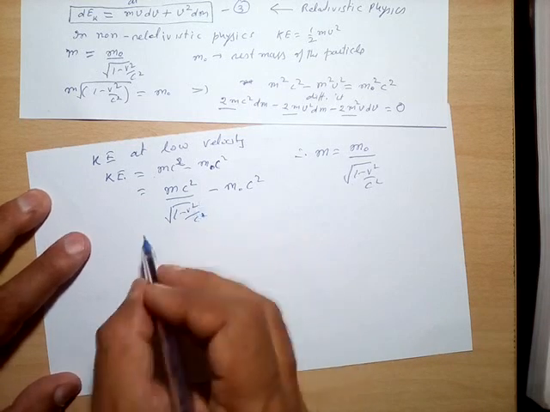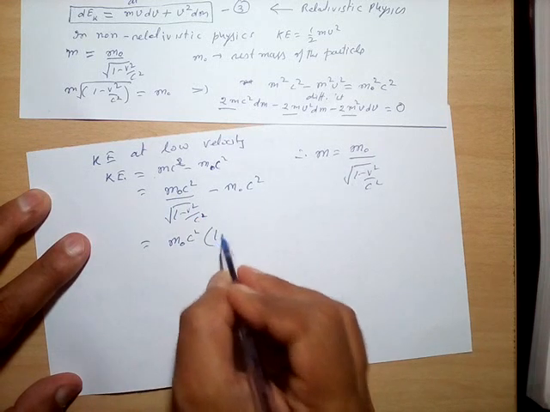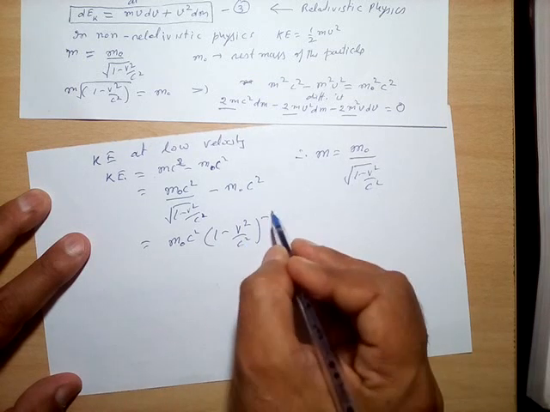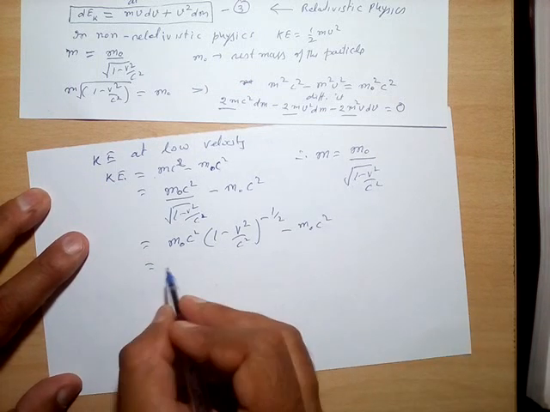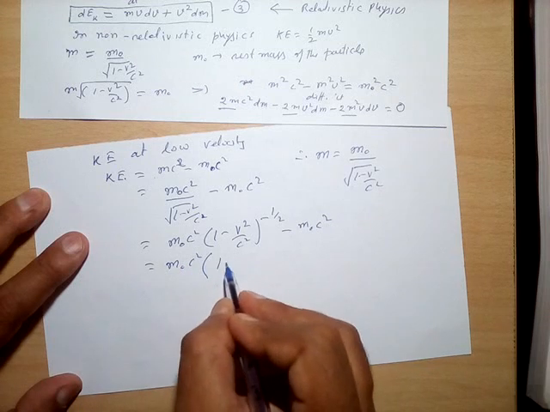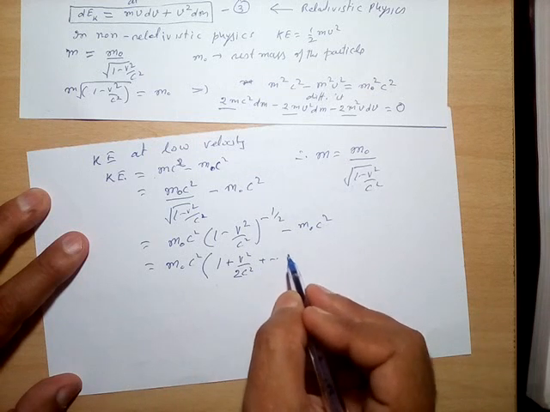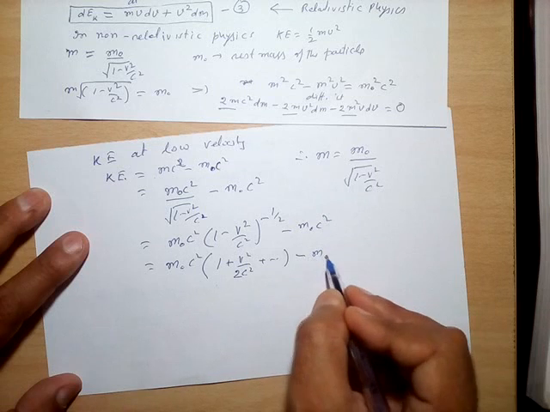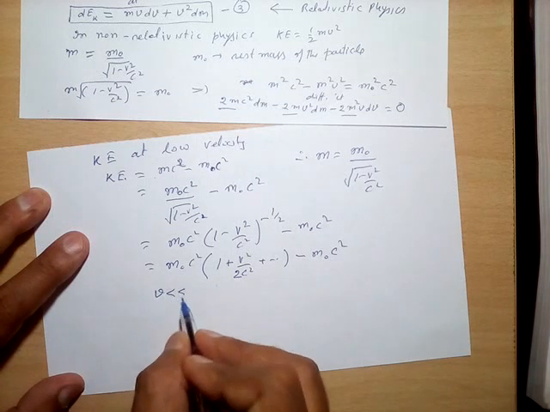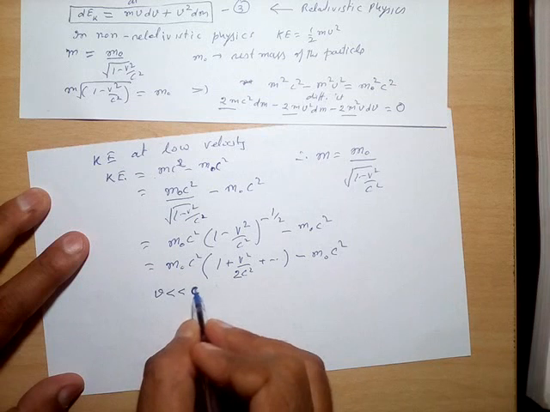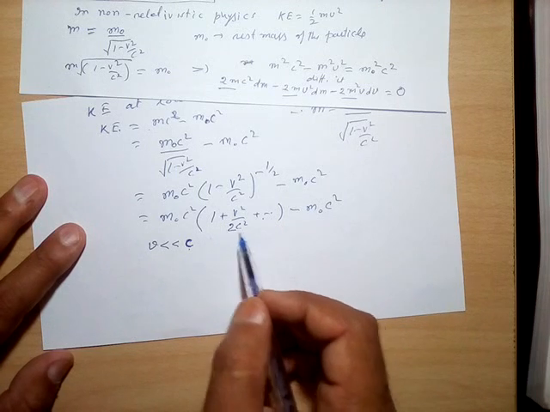So by using the binomial theorem, we get m naught c square times 1 plus v square by 2c square, minus m naught c square, because we consider v to be very much less than c, the velocity of light, so we neglect higher order terms and consider only up to this term.